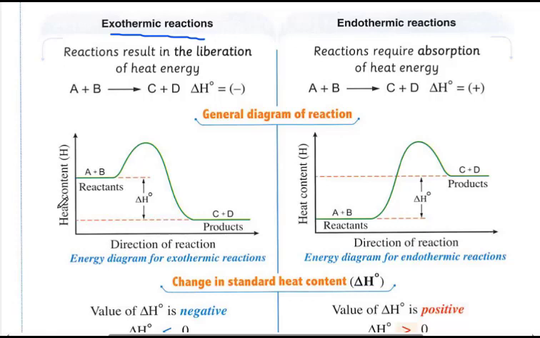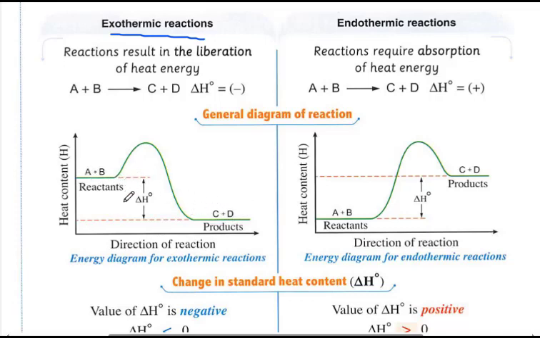Here, this is the heat content on the y-axis, and the direction of the reaction on the x-axis. Reactants are here, and as time goes, reactants react together to form products. But here we notice that the level of the heat content decreases, so energy goes out of the system, and the energy of the reactants and products decreases from this level to this level.